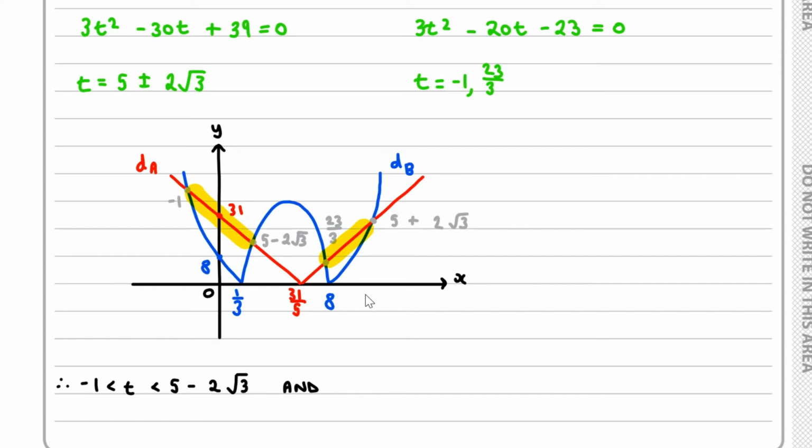And what we also have is 23 over 3, which is less than t, which is less than 5 plus 2 root 3. So here are our solutions to the inequalities.